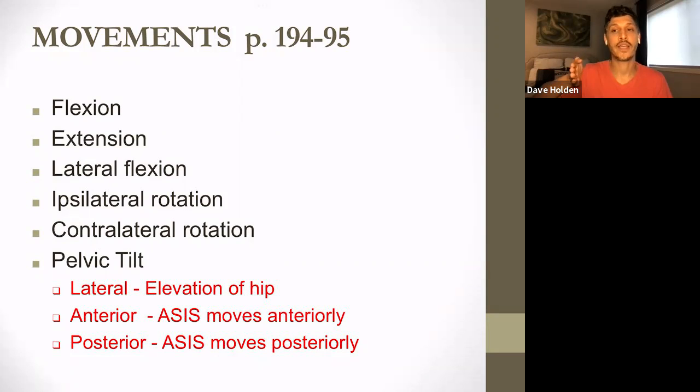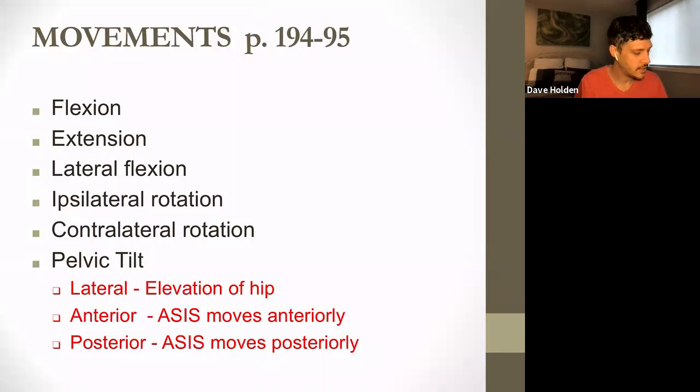And does it create rotation to that same side? Or contralateral rotation, where a muscle on one side of the body causes rotation to the opposite side of the body. So ipsilateral and contralateral rotations, what those are telling you is where the muscle sits, not what direction the movement is, like medial or lateral rotation.